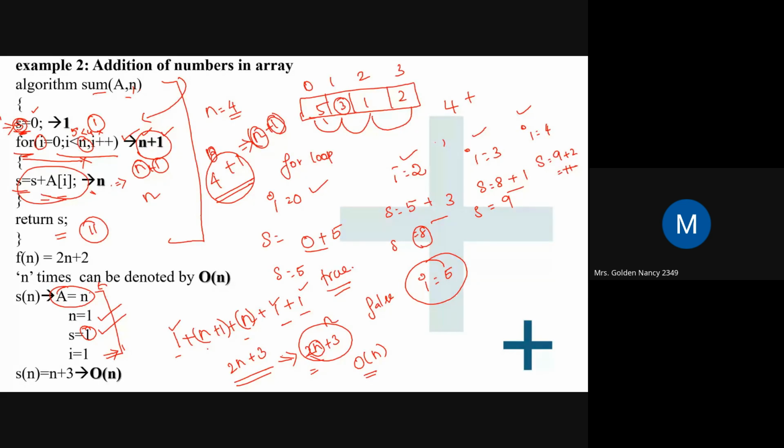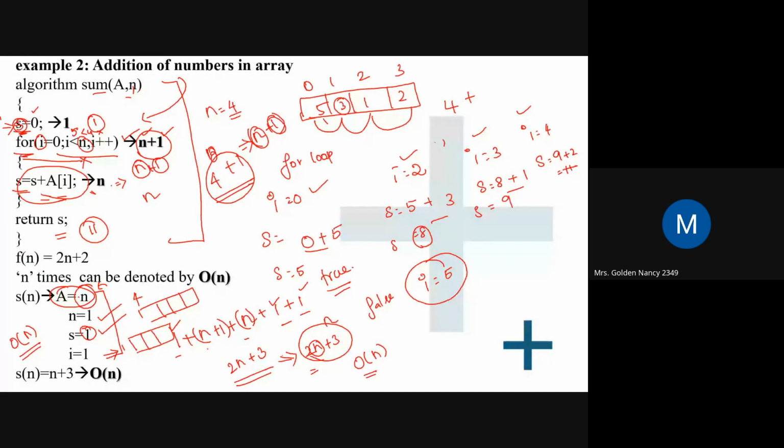Based on the value given by the user, the array will be created. If the array was created for 4 values, there will be 4 values. If it is created for 3 values, there will be 3 values. So the array happens for n times. Because of that, your space complexity will be big O of n.